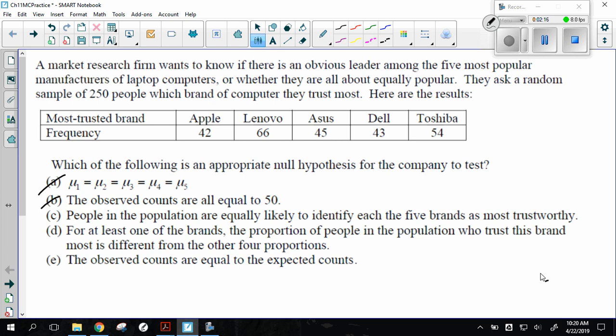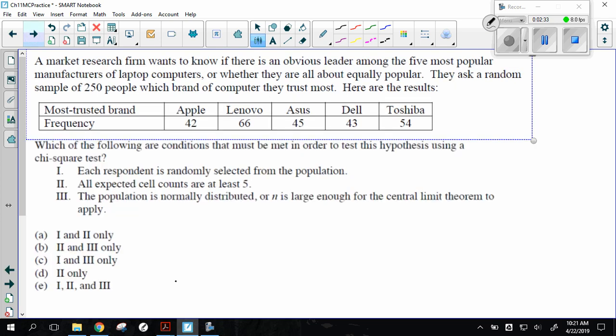And our alternative is going to be that there is some difference, right? So that one's out. That looks like an alternative hypothesis. The observed counts are equal to the expected counts. That's not it, so we'll choose C and move on to the next one.